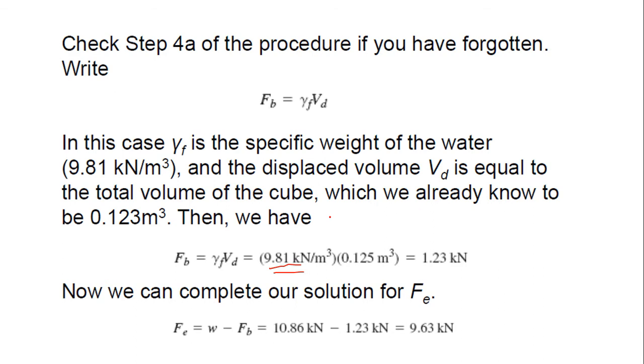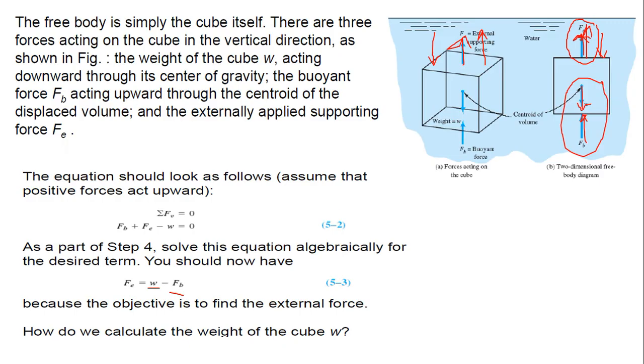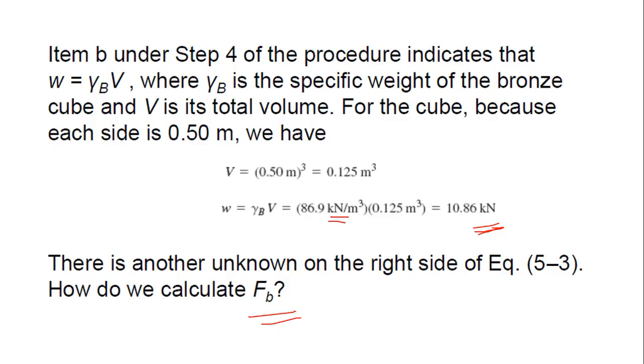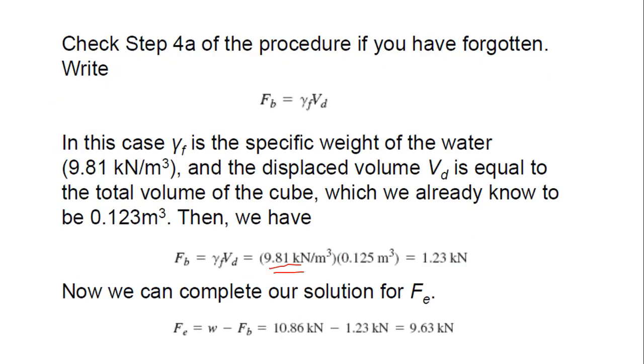So you have the value for FB, 1.23. Now you can complete your equation to find Fe. W minus FB, with W being 10.86 and FB being 1.23, gives you 9.63.